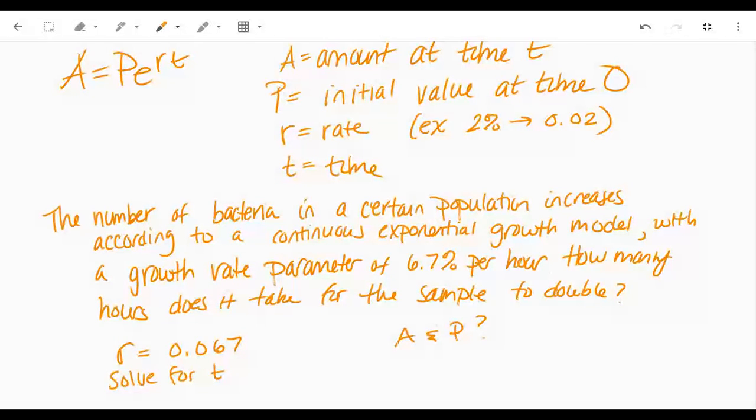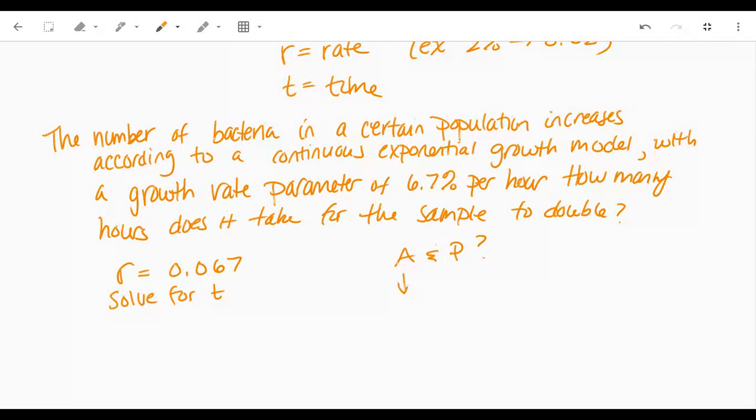Okay, so obviously the easiest thing to do would make a be 2 and p be 1. So when we have our a equals pe to the rt, we'll have 2 equals 1 e to the 0.067t. Okay, and then we're going to try to solve for t.